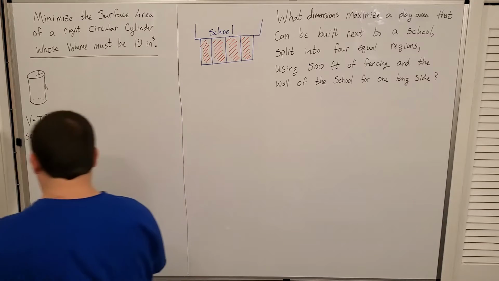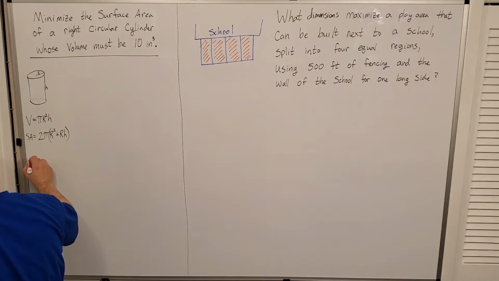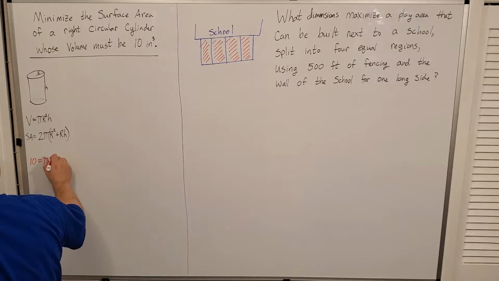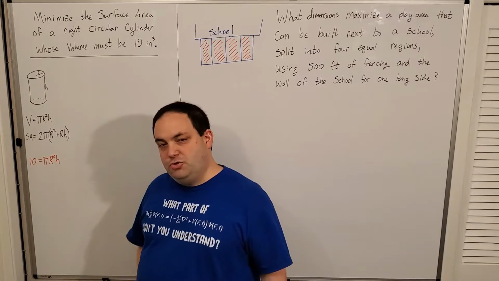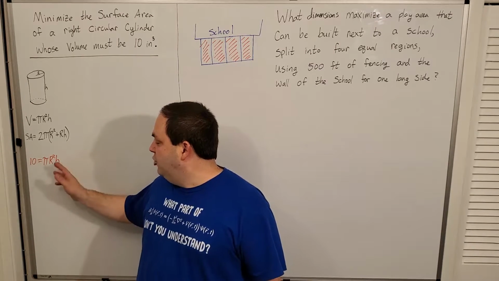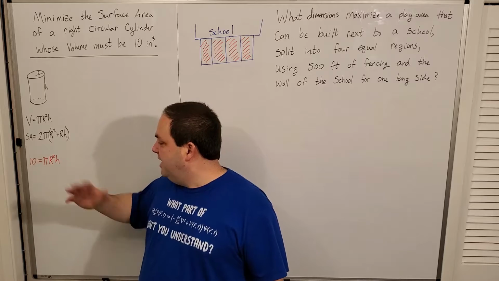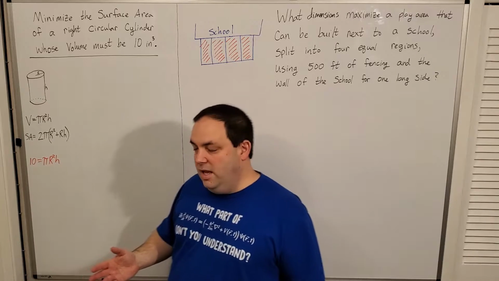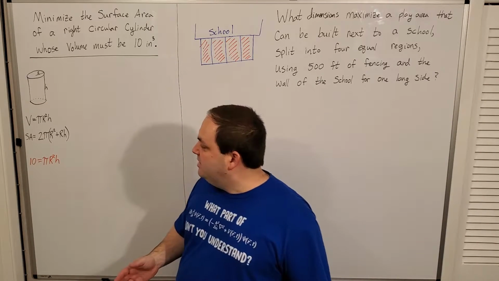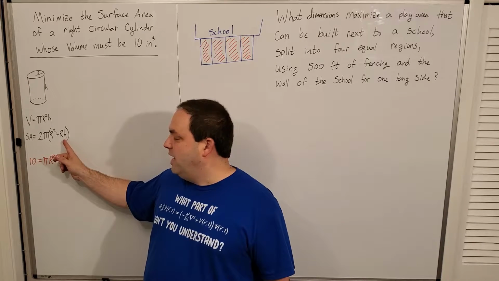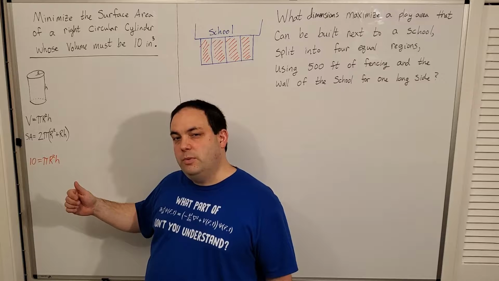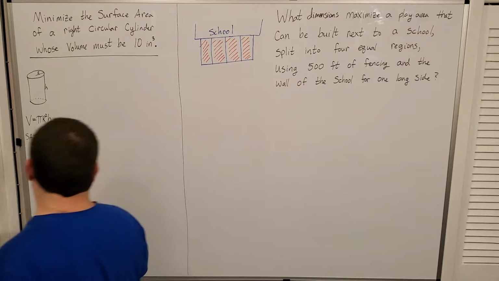So real quick, we can tell that 10 has to be equal to pi r squared h. That's my constraint equation. I can use this to replace either r or h. It looks to me like it would be easier to solve for h, and since there's only one h in the other equation, easier to replace. So that's what I'm going to do.